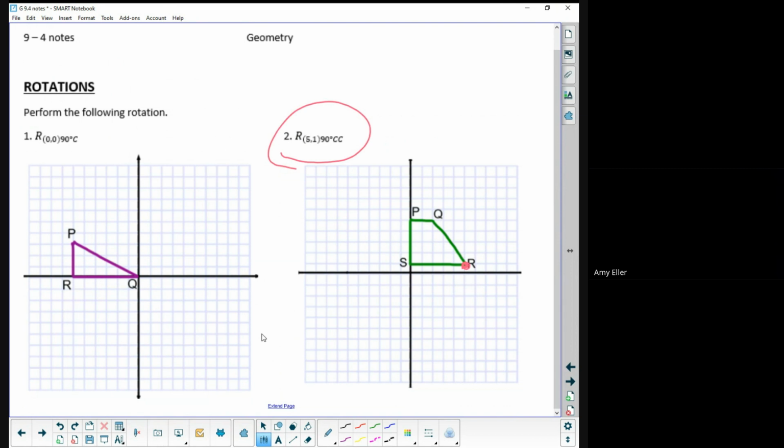It's counterclockwise. So the clock moves this way, so counterclockwise is this way. So this whole figure is going counterclockwise 90 degrees. It's very helpful if you have the patty paper to actually spin it around that point.